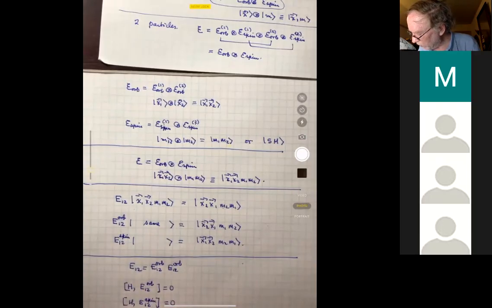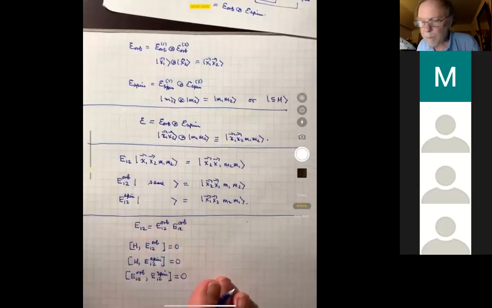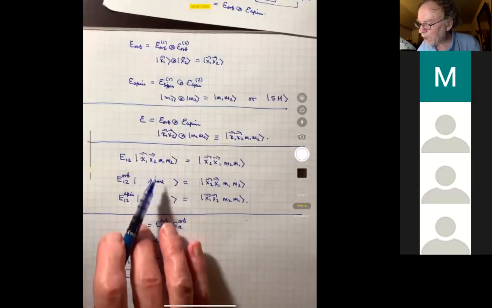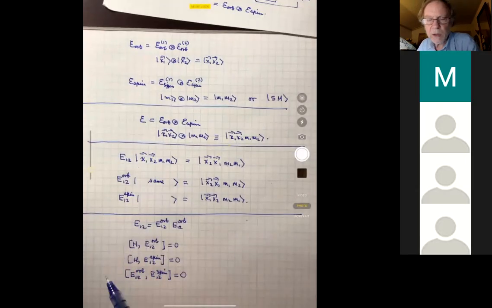And moreover, E12 orbital and E12 spin commute with each other. And how do I know that? Well, it's because they act on different degrees of freedom. But if you don't believe me, go back to these formulas here and just check it out. You'll see it's easy to show that they commute.